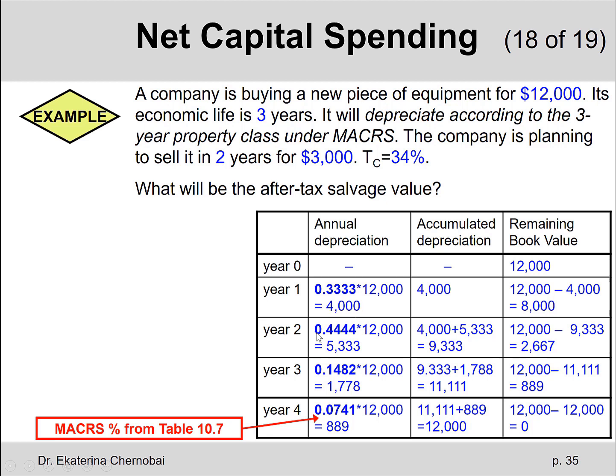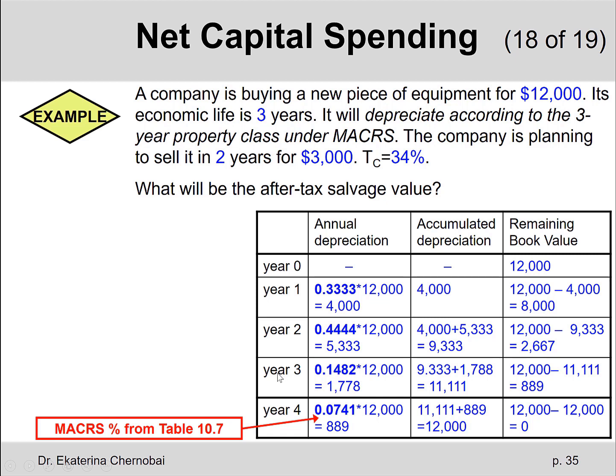During the second year, 44.44% of $12,000 would be lost, right? Which is $5,333. Then 14.82% of $12,000 will be lost as depreciation during the third year, and so on.